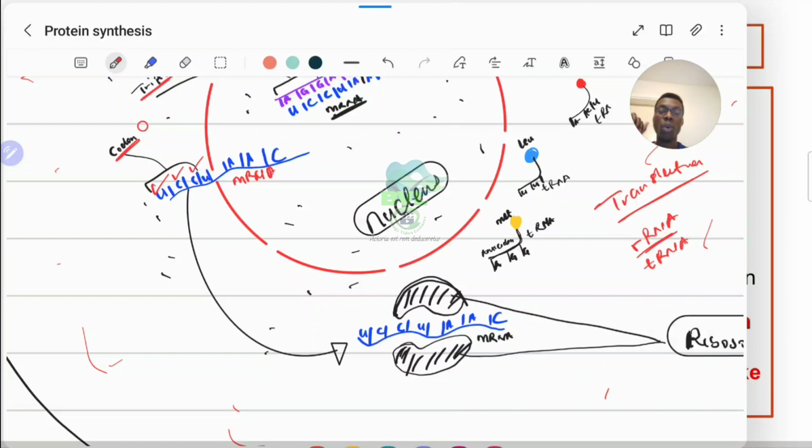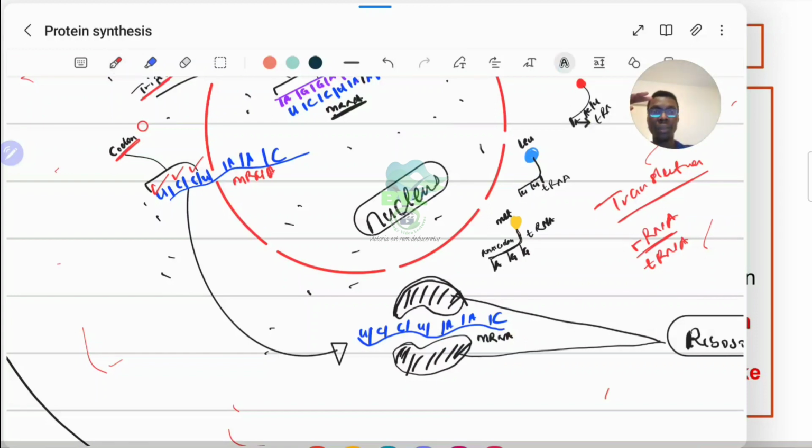All right. Now, when this mRNA arrives in the cytoplasm, it goes to the ribosome. The ribosome, of course, has 2 subunits, but I won't go into details on that. So this mRNA is going to be sandwiched within the ribosome.